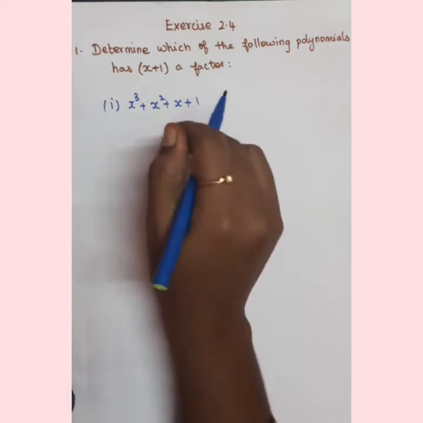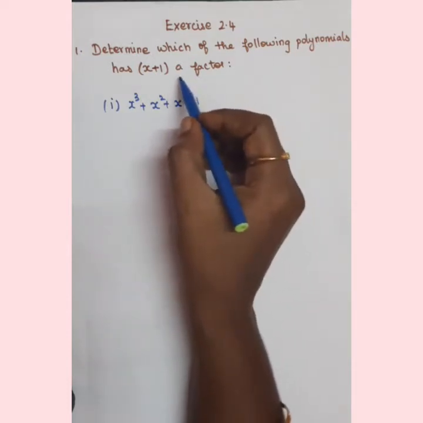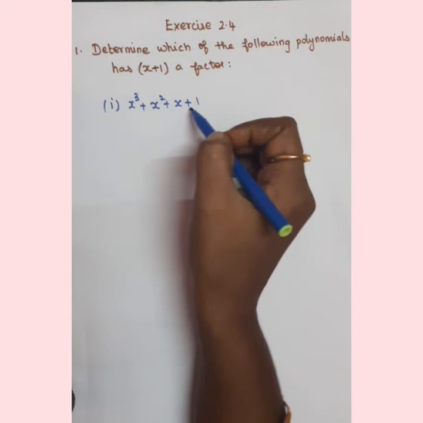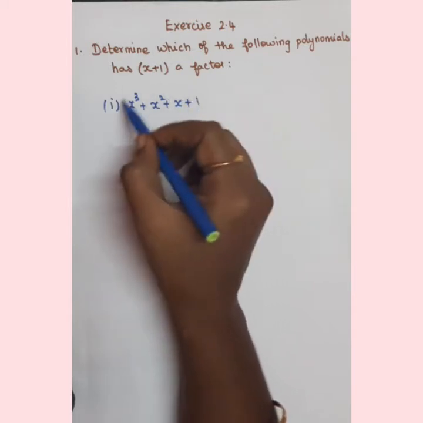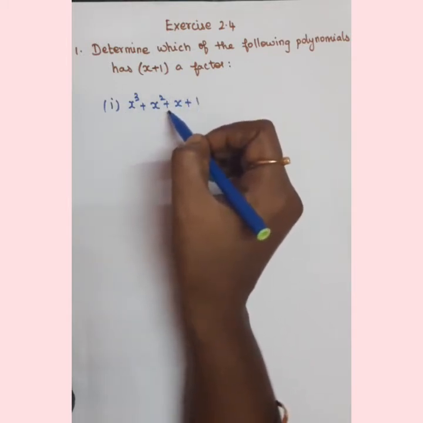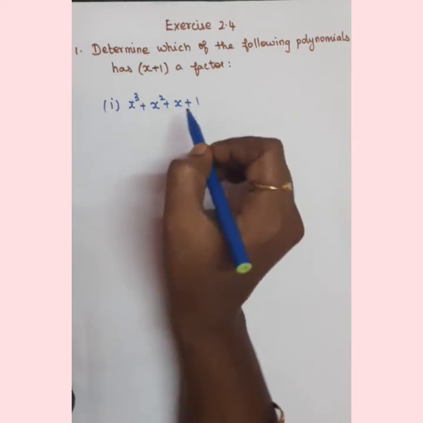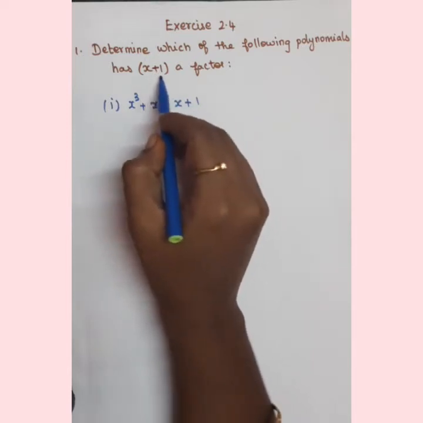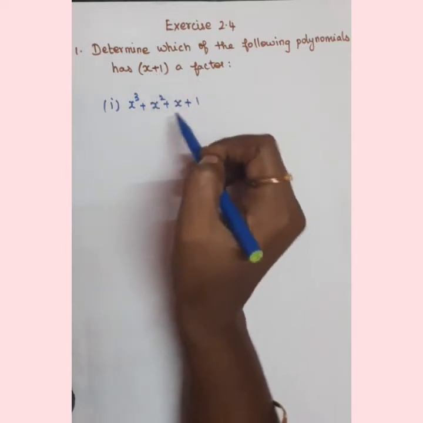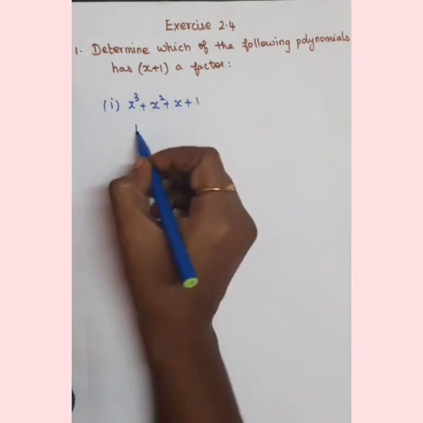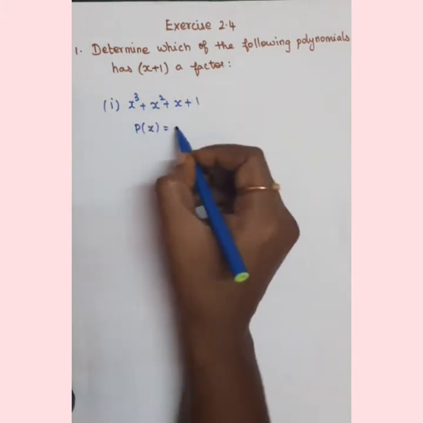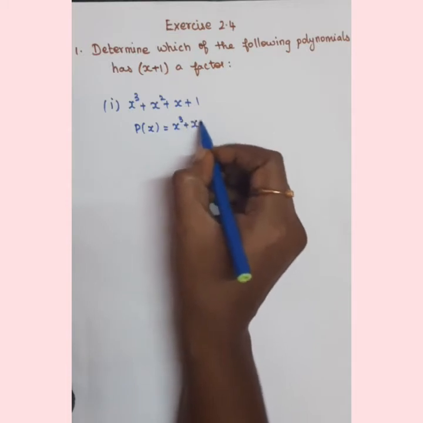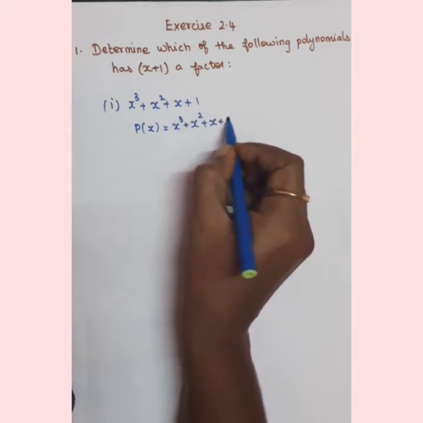If you want to find whether x plus 1 is a factor of this p of x, we have to find the remainder first. If the remainder is equal to 0, then we can say that x plus 1 is a factor of this p of x. So p of x equals x cube plus x squared plus x plus 1.